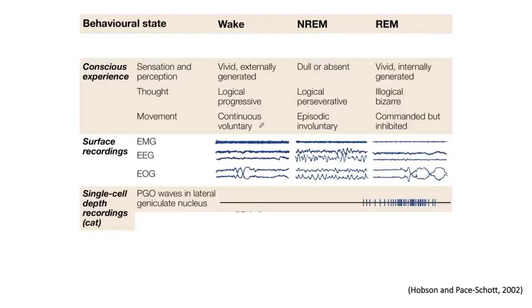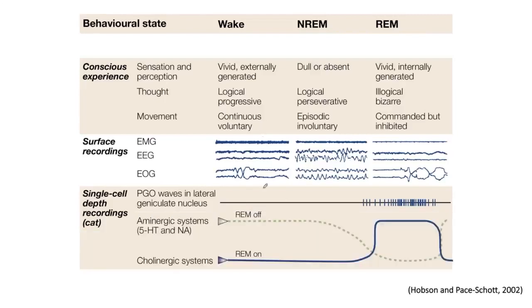Let's go back to the figure that we have been discussing and seeing before, just adding one piece to this figure, related to two major neuromodulators that we have in the brain. One is 5-HT, which is called serotonin, and the other is noradrenaline.